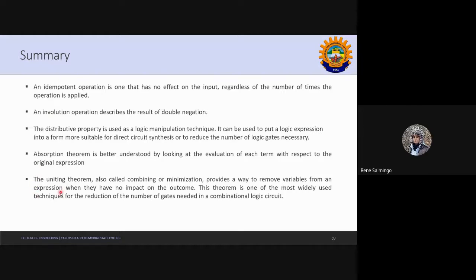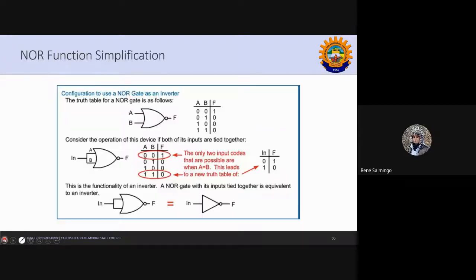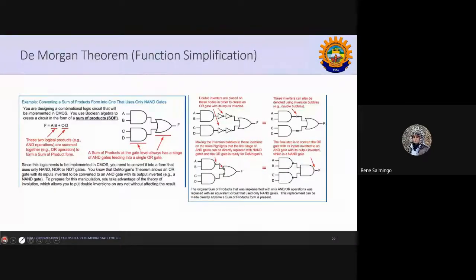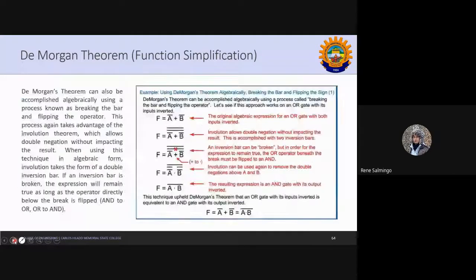The uniting theorem, also called combining or minimization, provides a way to remove variables from an expression when they have no impact on the outcome. This theorem is one of the most widely used techniques for reducing the number of gates needed in your next topic on combinational circuits. So that's why we have to reduce the number of circuitry. So that's the use of the De Morgan theorem.